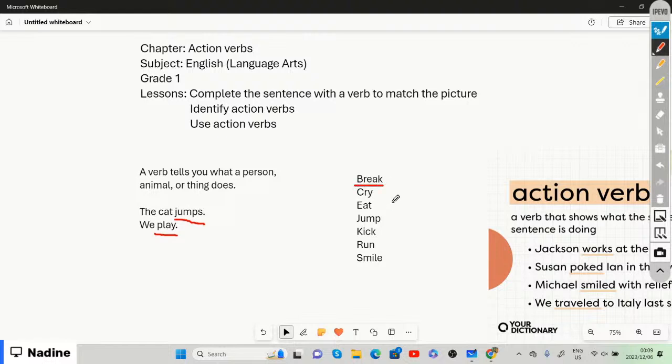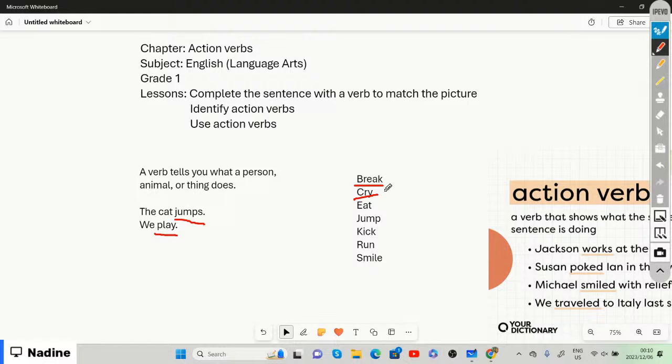You can say the window breaks, or I break the window, or the cup breaks. Cry. Selena cries because she lost her doll. So cry is something that someone is doing. It's something that either Selena or whoever is doing. They cry.